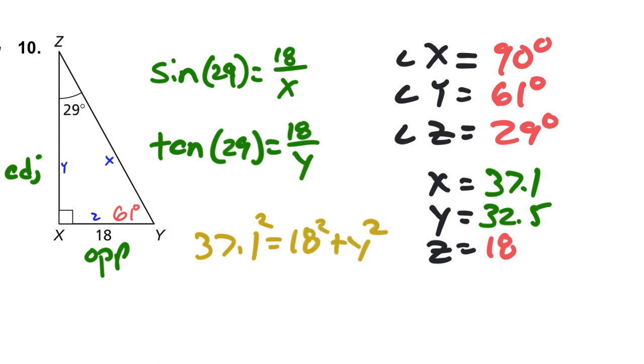And then 37.1 squared minus 18 squared would give me 1052.41 equals y squared. If I take that square root and round that to the nearest tenth, that gives me 32.4, which is pretty close to that 32.5. So yeah, very close. So that would be solving for a right triangle.